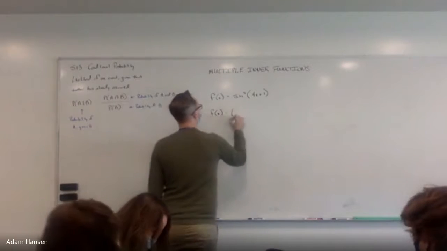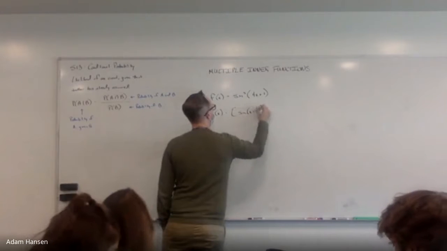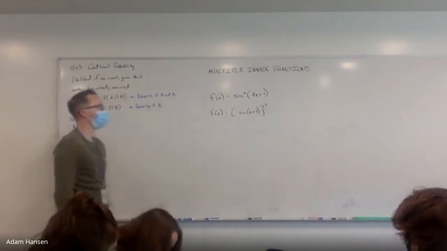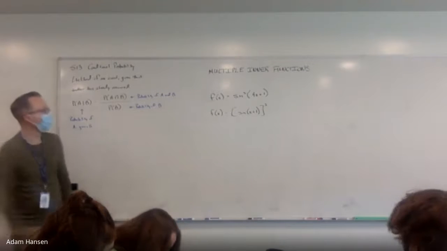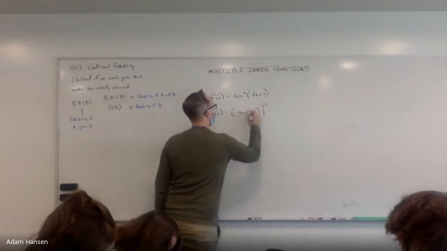So let's write it as this. Sine of 4x plus 1 to the third power. Oops, I forgot the 4 on 4x plus 1.